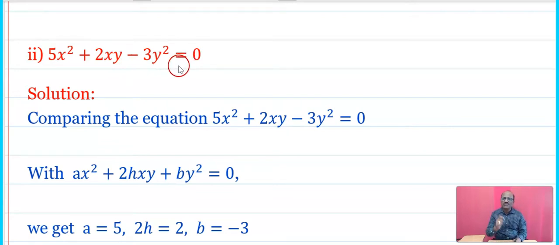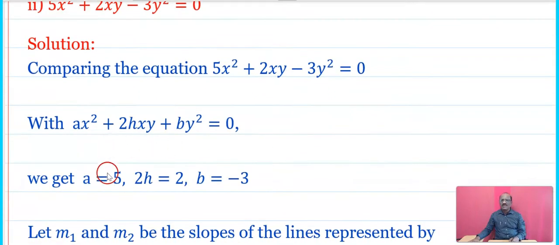Now the next: 5x square plus 2xy minus 3y square is equal to 0. Find the combined equation of the lines which are perpendicular to these two lines. Okay. Now again comparing 5x square plus 2xy minus 3y square is equal to 0 with ax square plus 2hxy plus by square is equal to 0, here the value of a is 5, 2h is 2, b is minus 3.